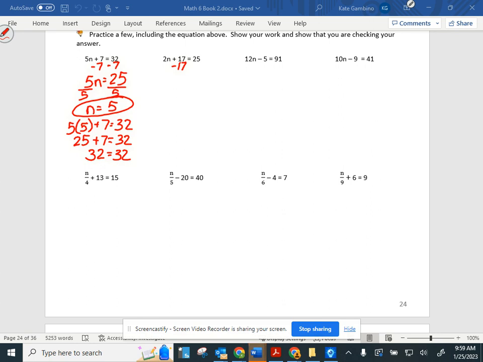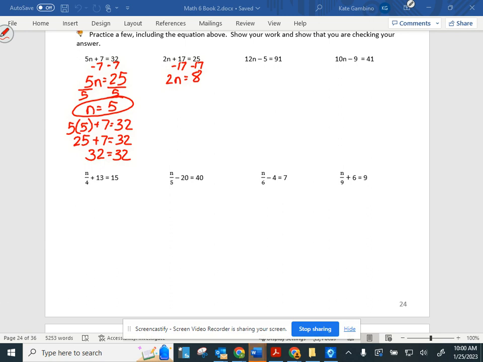So if I'm adding 17, the opposite is subtracting 17. Whatever I do to one side, I have to do to my other side. 17 minus 17 is 0. So now I have 2n. And then I have 25 minus 17 is 8. So I have 2n equals 8.